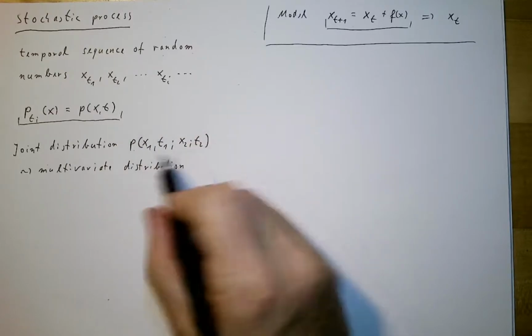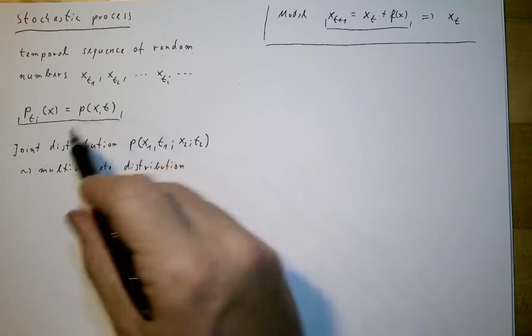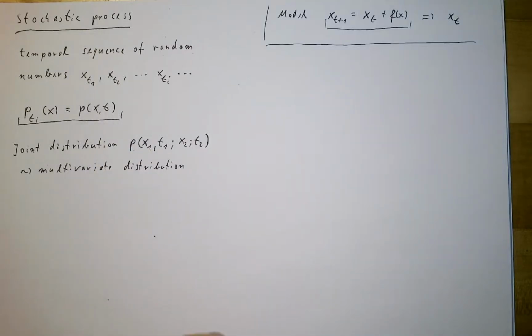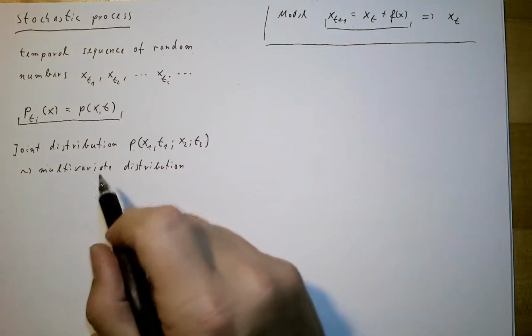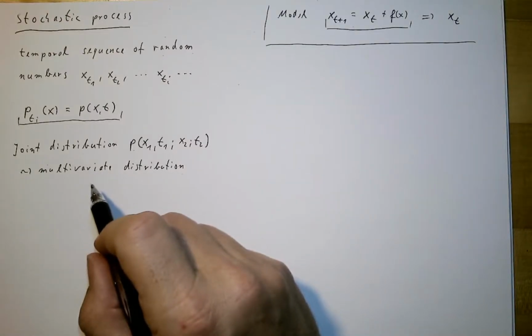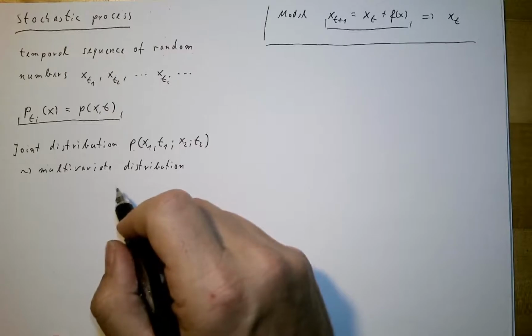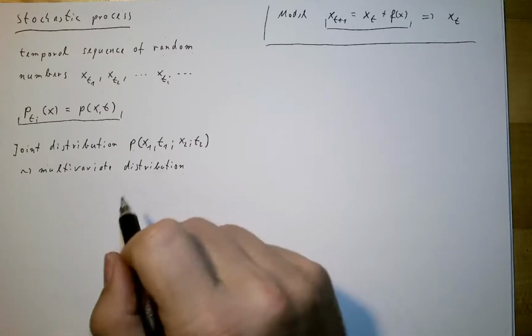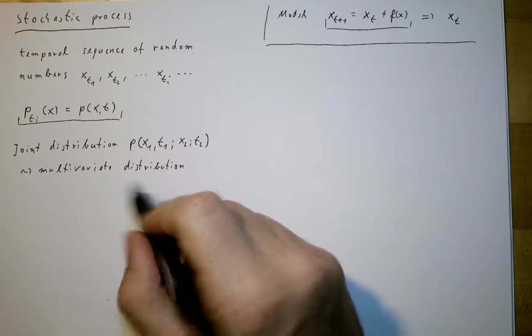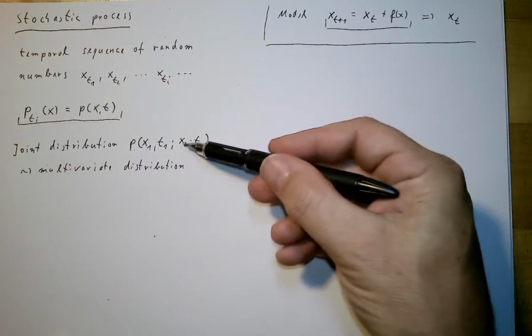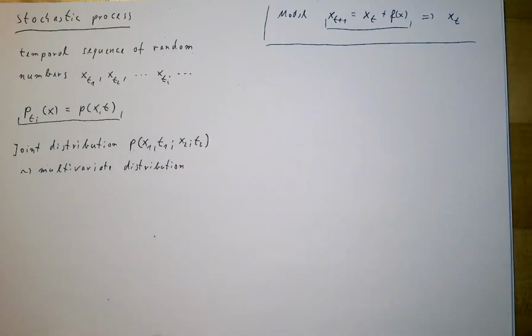When we have this multivariate distribution, then sometimes we can calculate the full time dependence. And that's why I introduced multivariate distributions in the last video, and now we can use everything we had in the last video and apply it to a random variable which changes in time.